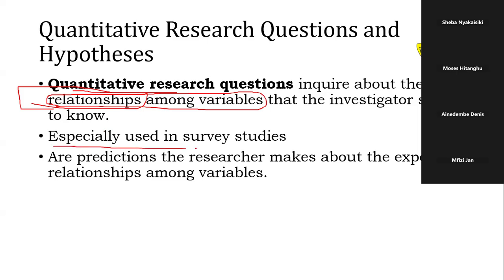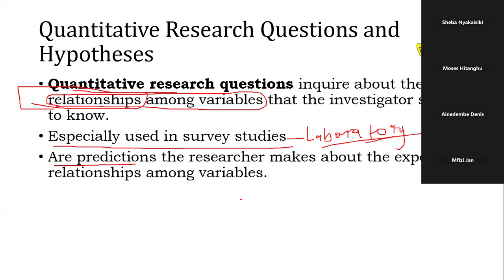So we use this especially for survey studies, but like we also saw, this can also be used for laboratory studies. Laboratory studies are also highly quantitative in nature. So these hypotheses or research questions are usually predictions.